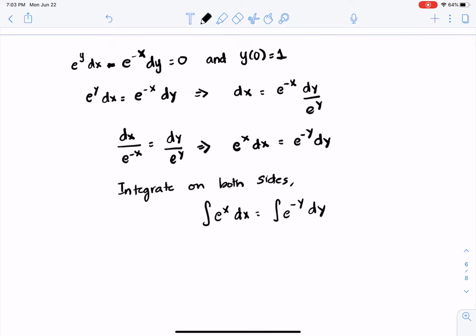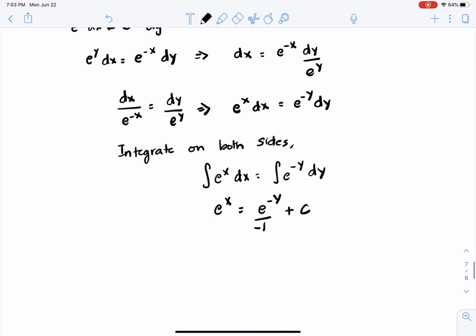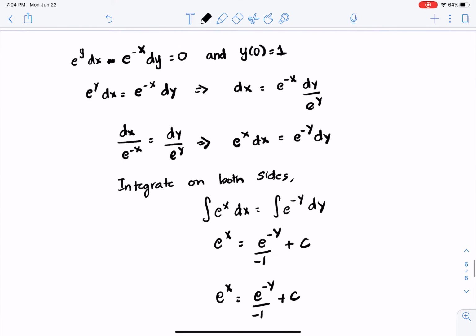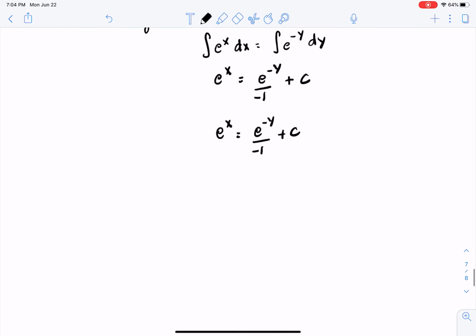Integral of e raised x is e raised x. Integral of e raised negative y is e raised negative y over negative 1 plus c. So we have e raised x equals e raised negative y over negative 1 plus c. And when the value of x is 0, y is 1.